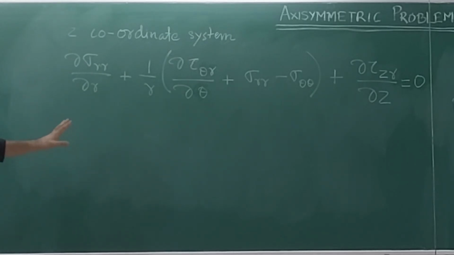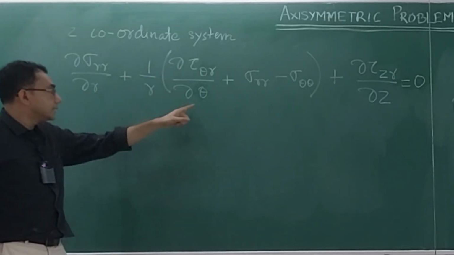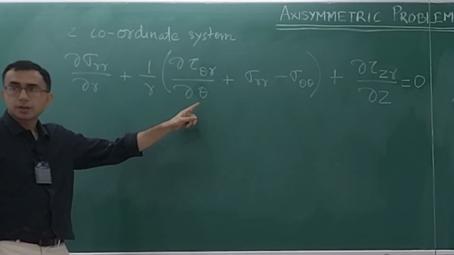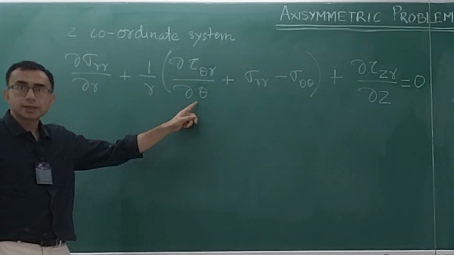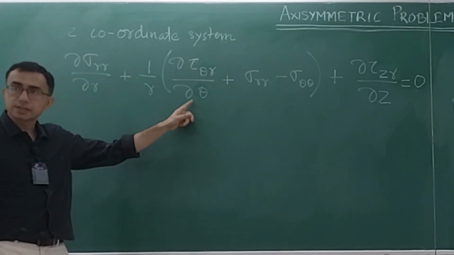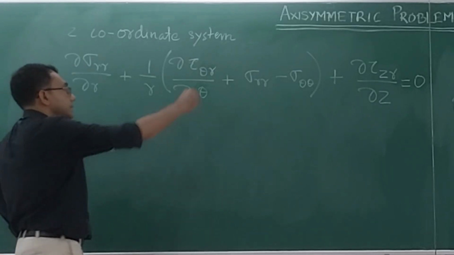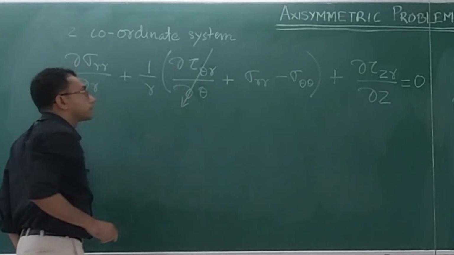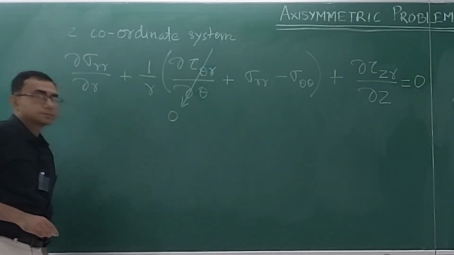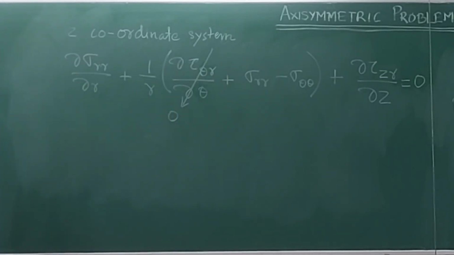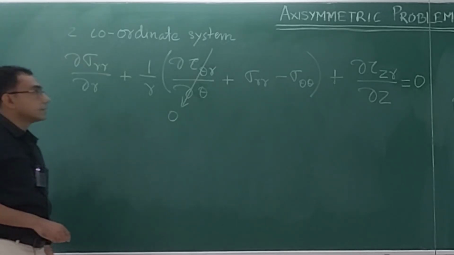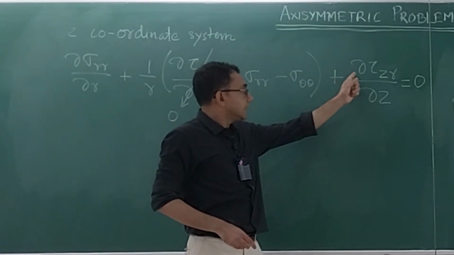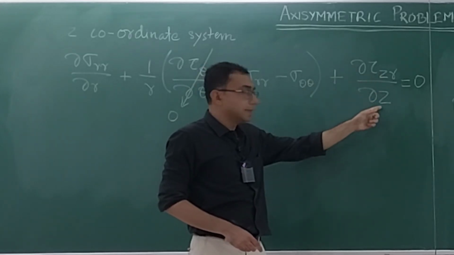Okay, now you tell me from these equations what are the terms that I can drop. First of all, you see this del theta term is here. We have already accepted that we are working in the context of an axisymmetric problem. So del theta of anything is equal to 0. So this thing drops out. We have the del tau zr del z.